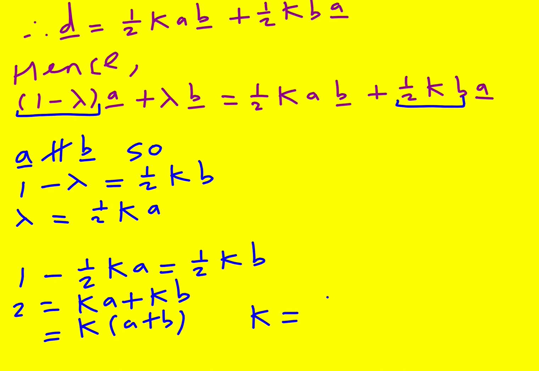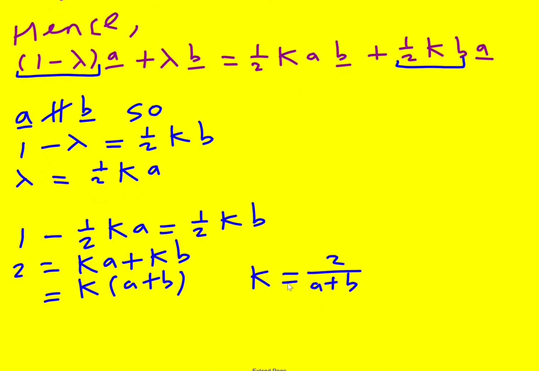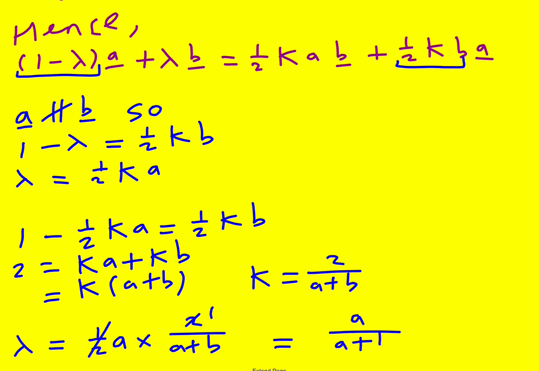So k is going to equal 2 over a plus b. And lambda is then going to be a half a times 2 over a plus b. These are going to cancel, and we get a over a plus b.